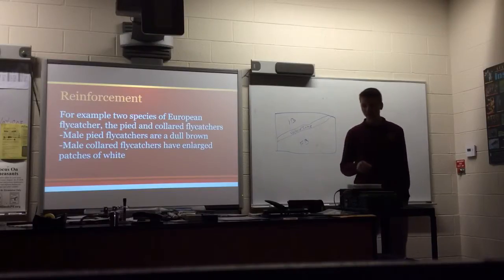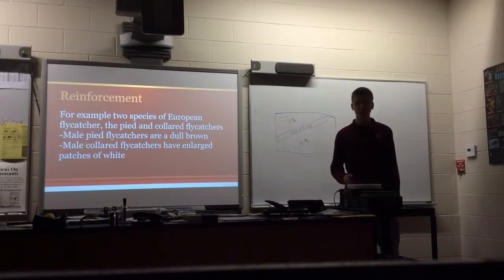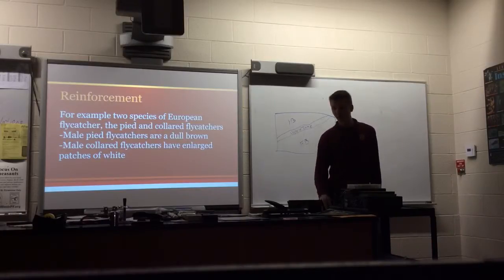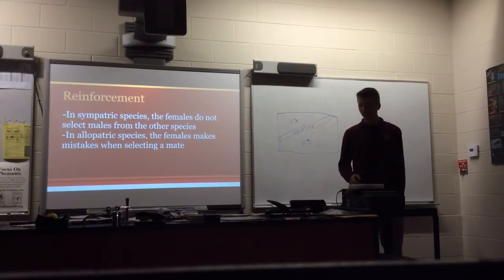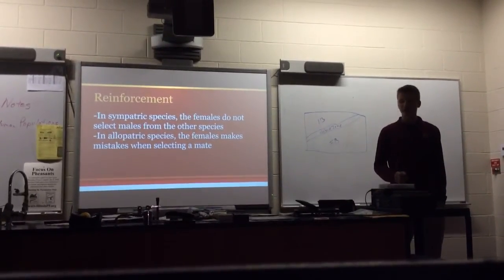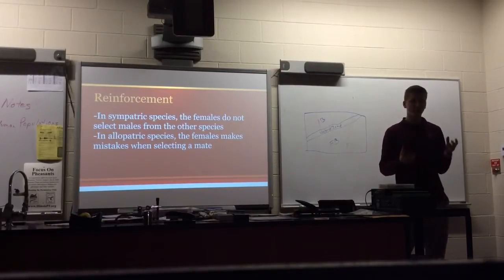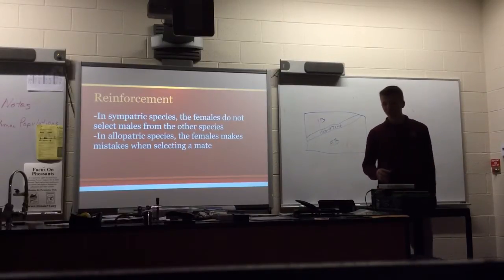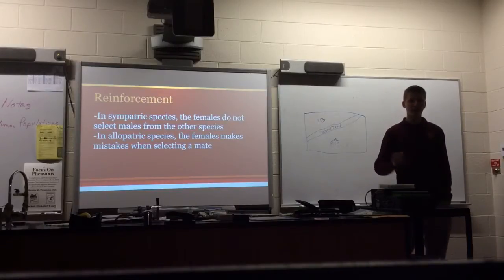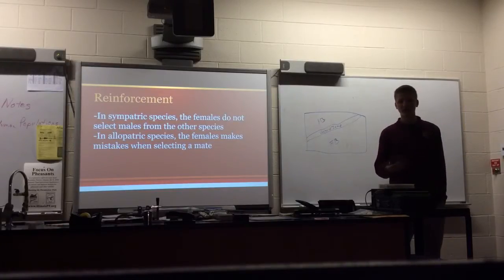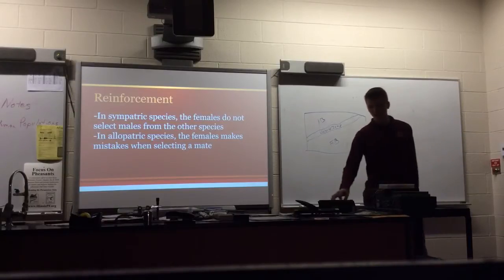Male pied flycatchers are a dull brown color, and the male collared flycatchers have enlarged patches of white. So in sympatric species, the females do not select males from the other species because they can see both of them in the same area. But in allopatric species, they make mistakes more often because there's less of the pied flycatchers.